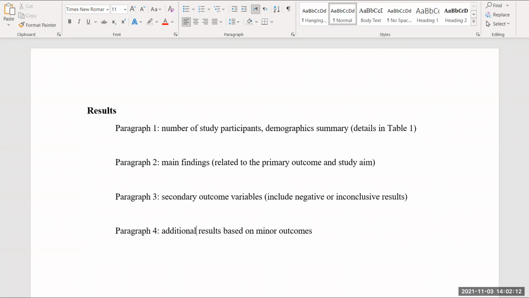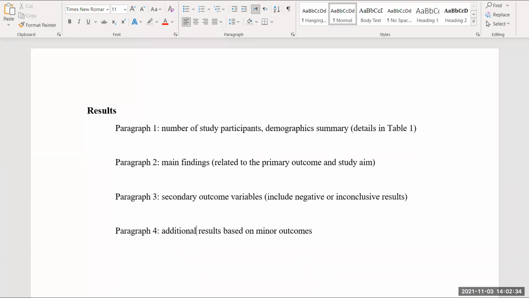Typically, when you're writing a research article or a thesis, you have a results section in which you present most of your statistical results. And you can divide that results section into, say, 4 paragraphs. The first paragraph would be the number of study participants, or whatever your unit of study is.